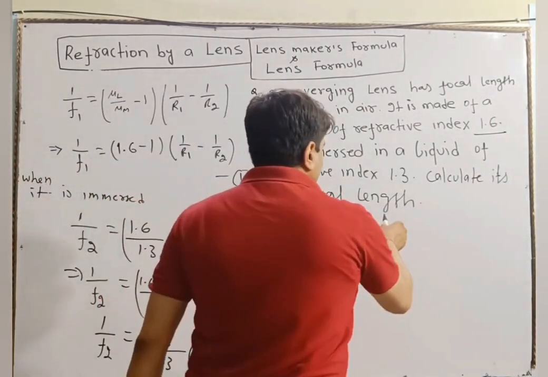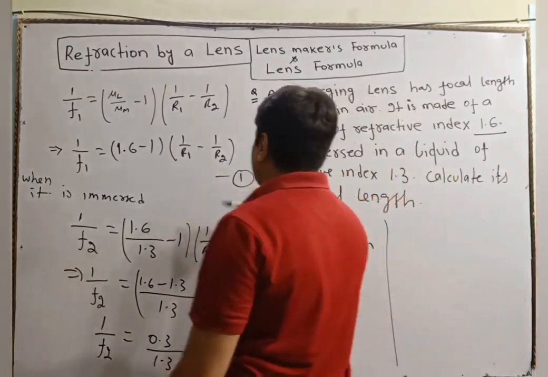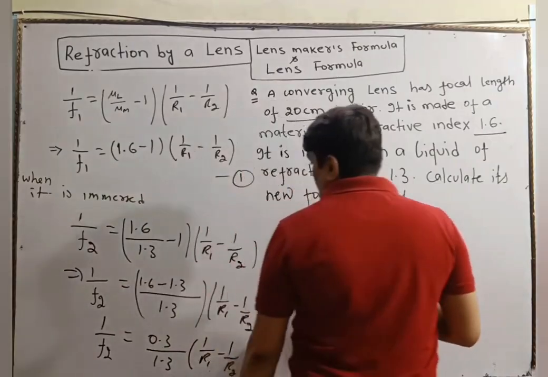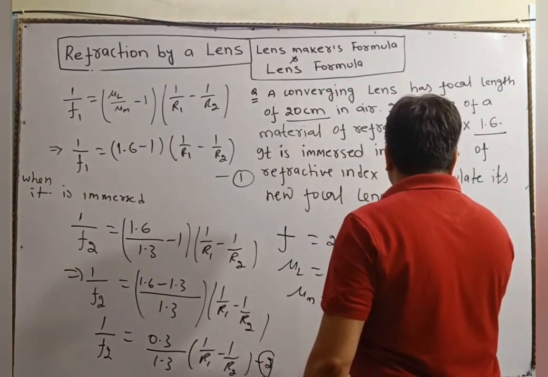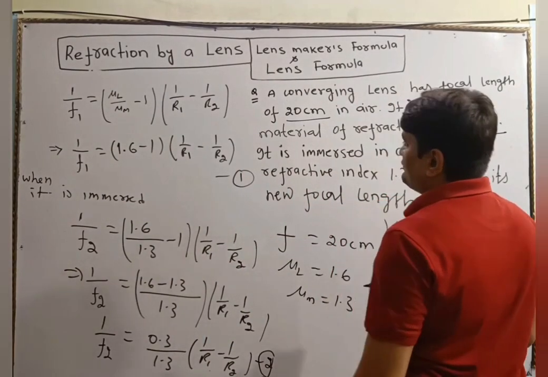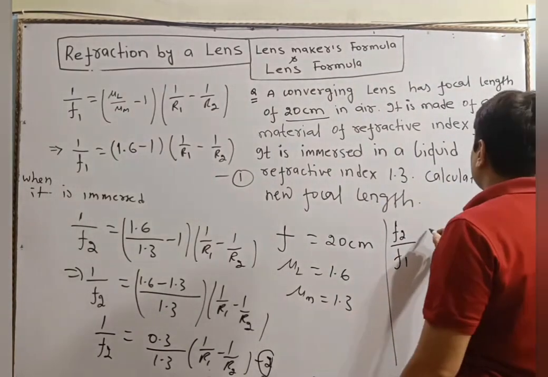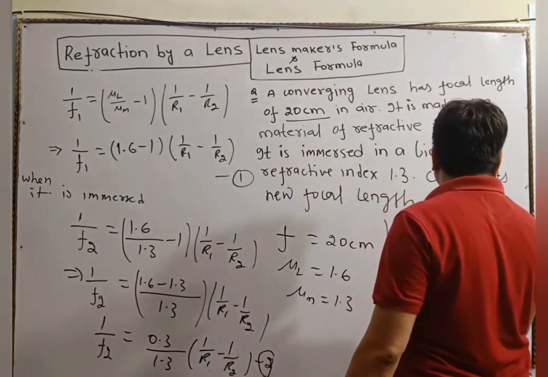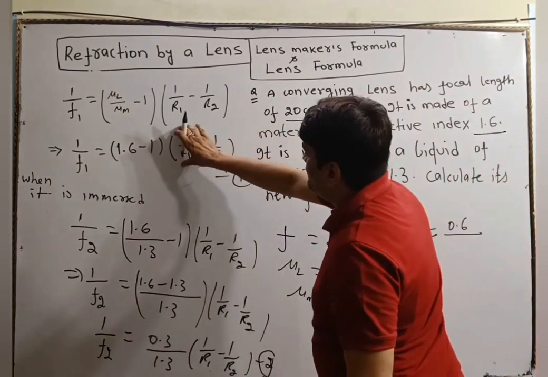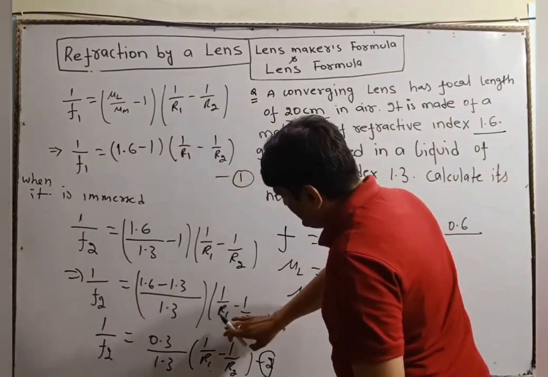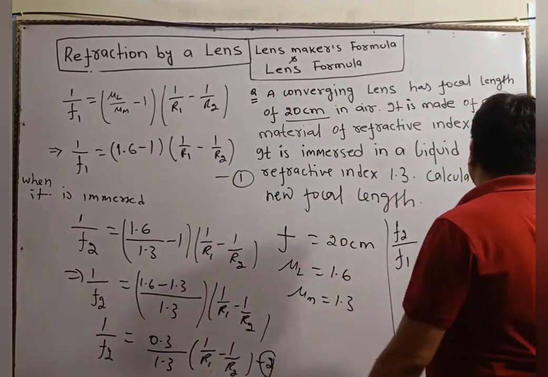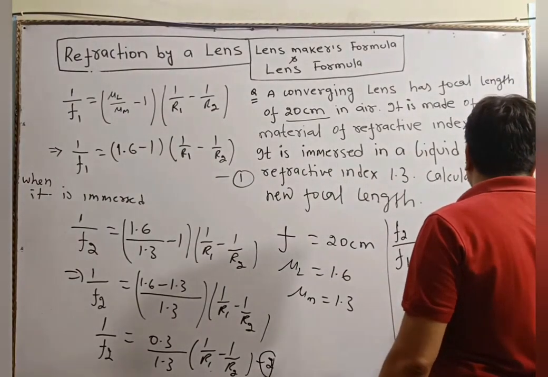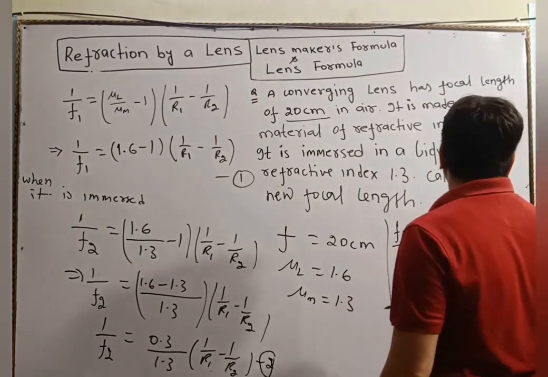Let's divide the two equations, equation 1 and this one, say equation 2. So it becomes F2 upon F1. In equation 1 we have 1.6 minus 1, that is 0.6, and 1 upon R1 minus 1 upon R2; here also 1 upon R1 minus 1 upon R2, so it will be cancelled. Here is 0.3 upon 1.3.